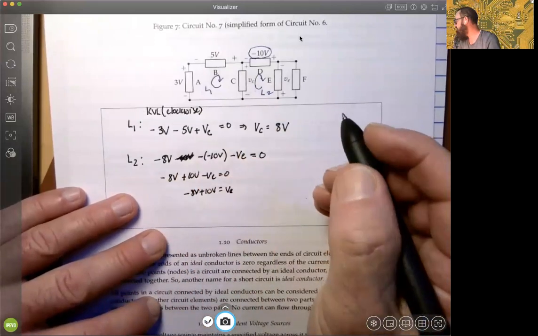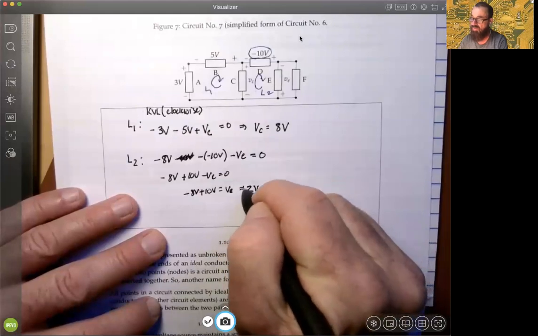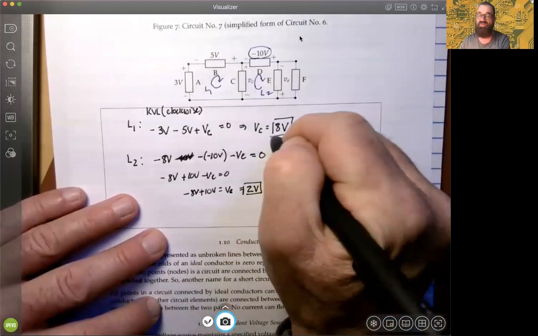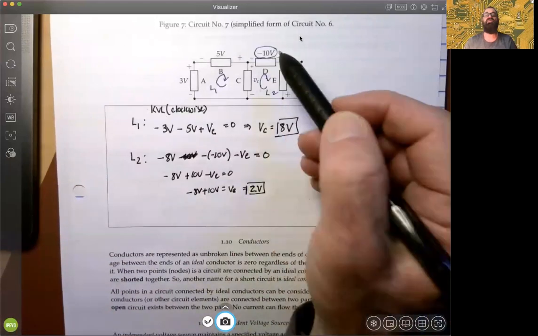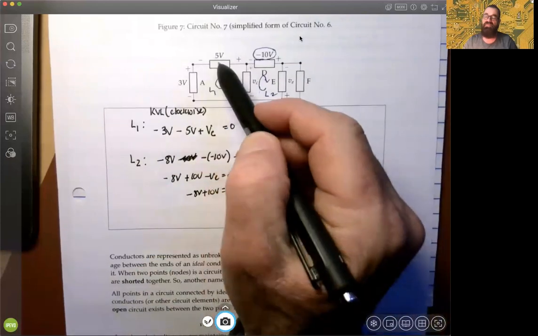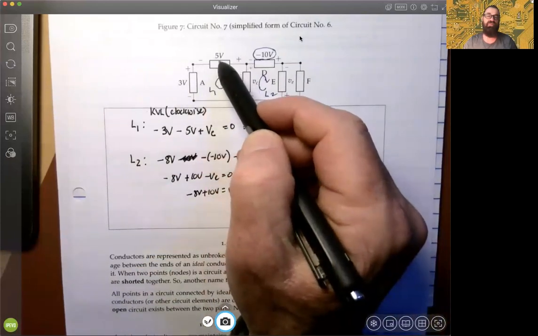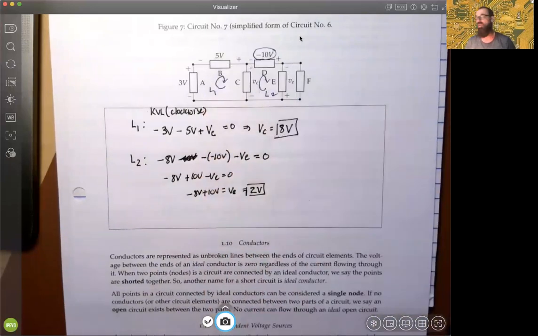So VE is just 2 volts, okay? And so those are the two quantities we want. We just have to pay attention sometimes to what quantities we're given. Most of the time your representation of voltages will probably be positive, but it's possible that this could be given to you.